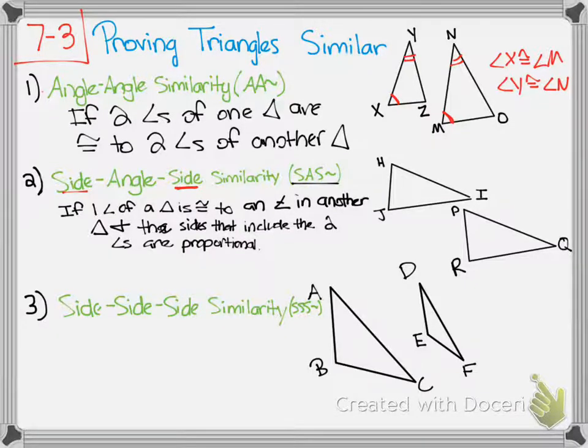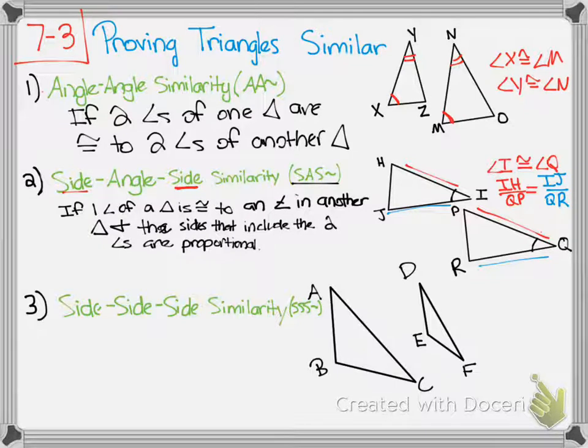So for instance, what that might look like, say that I know here that angle I is congruent to angle Q. Then I would also need that IH over QP equals IJ over QR.